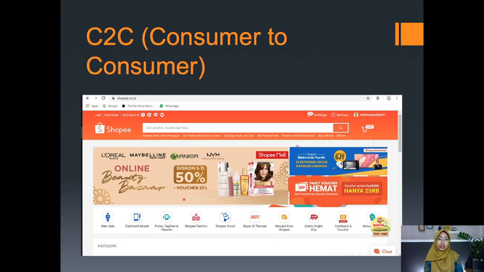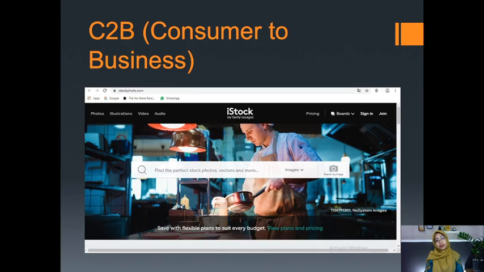Okay, now we go to the next type of e-commerce, C2B or consumer to business. Like its name, consumer to business.